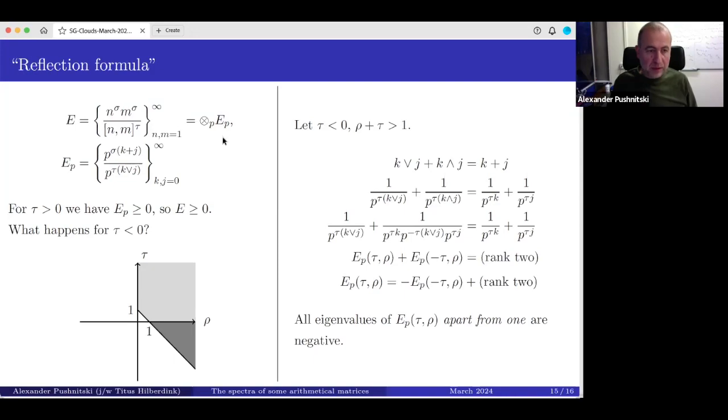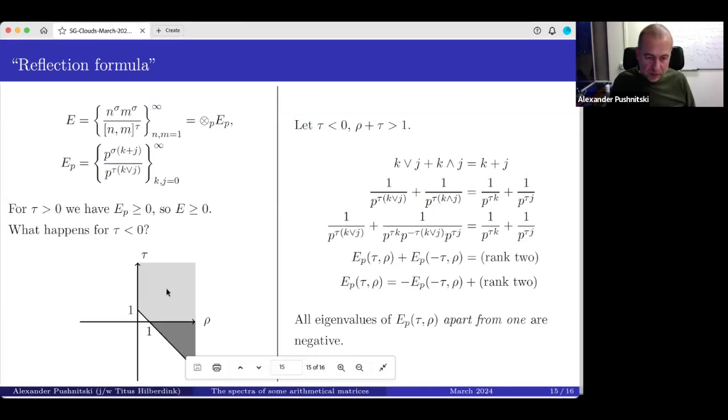For tau positive, all of these component matrices EP are positive semi-definite, and so the full matrix is also positive semi-definite. Now, what happens for negative tau?